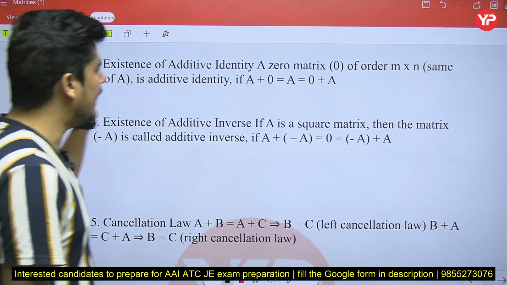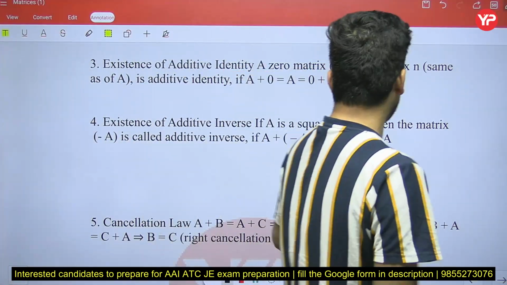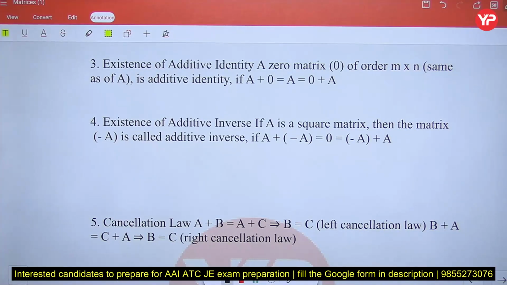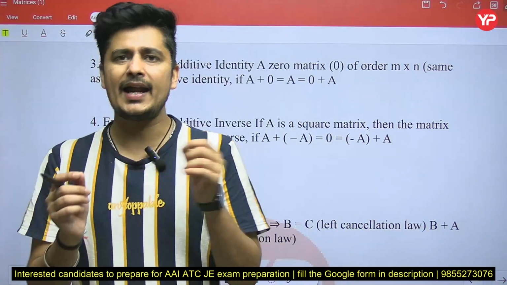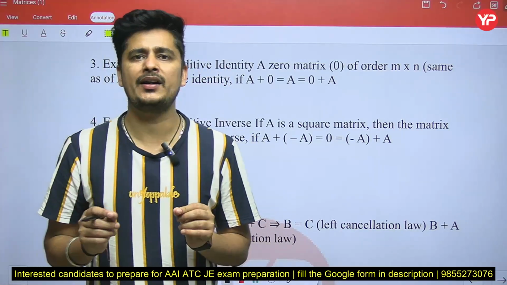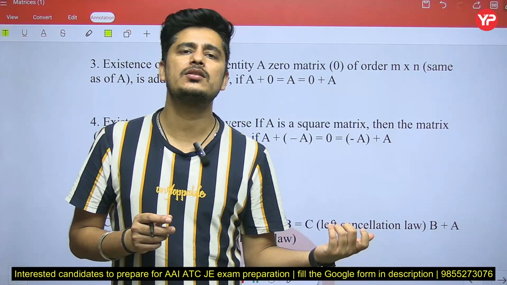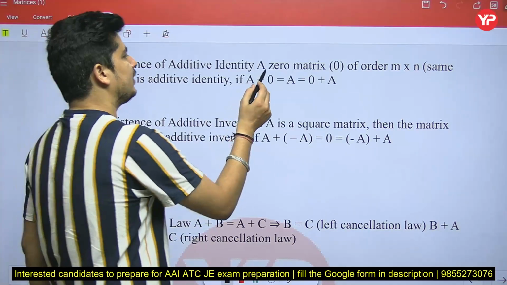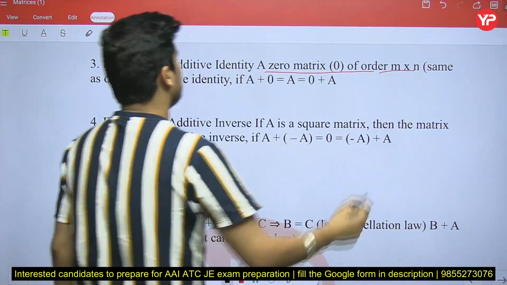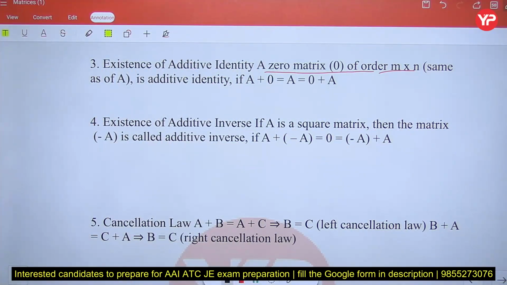Existence of additive identity. Additive identity means what? You have a matrix A and you add something to that A matrix, and it results in the same A matrix. So there is only one zero matrix of the same order, that is the additive identity.